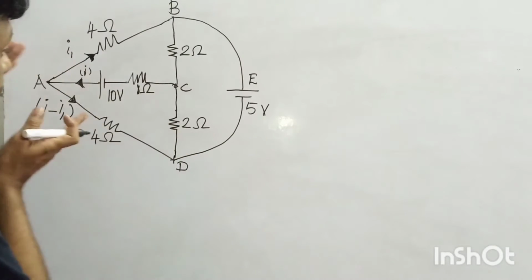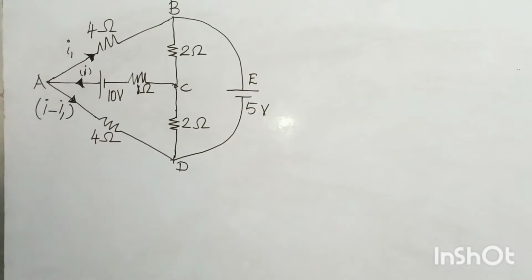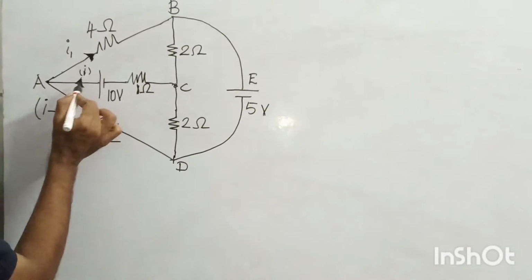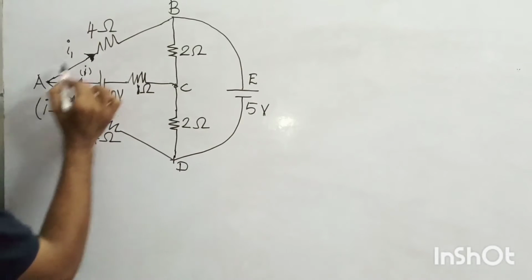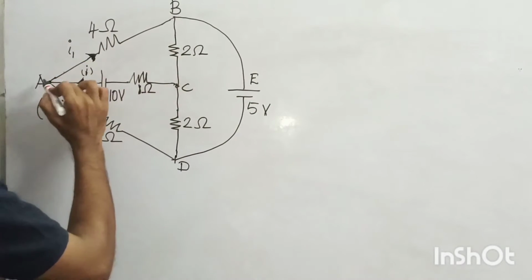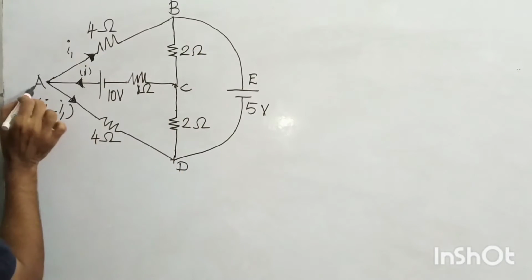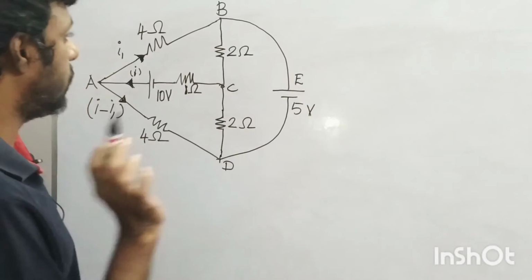This is how current bifurcates or divides itself at a junction point, right? At junction A, the current I is divided into two currents, flowing along AB as I1 and through the branch AD as I minus I1, right?